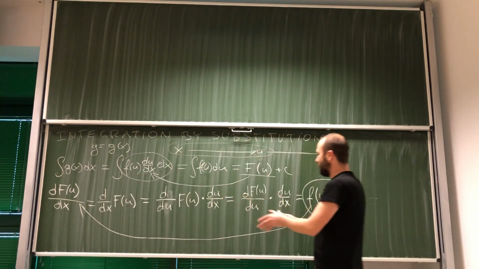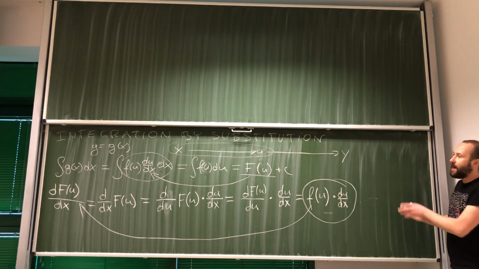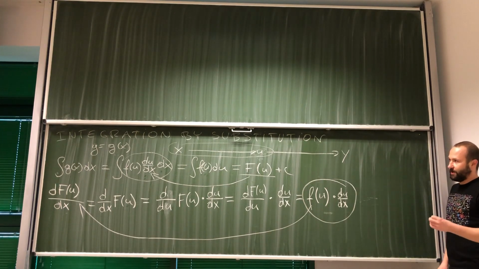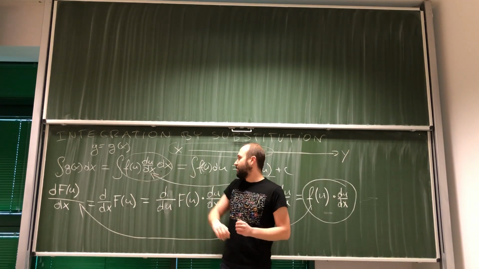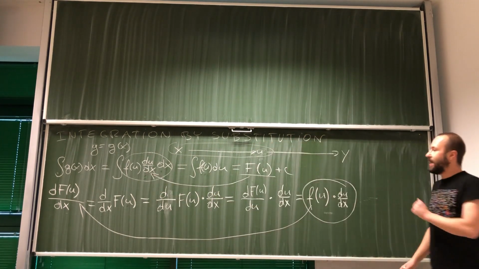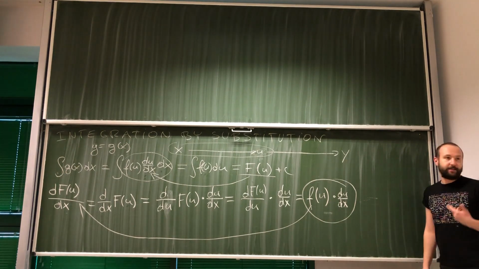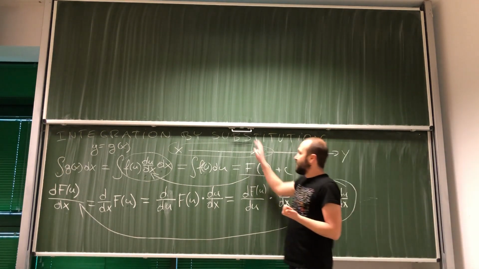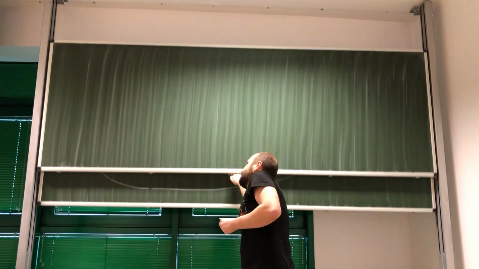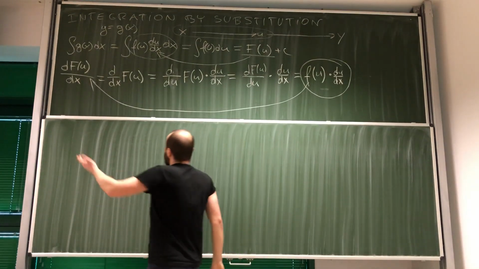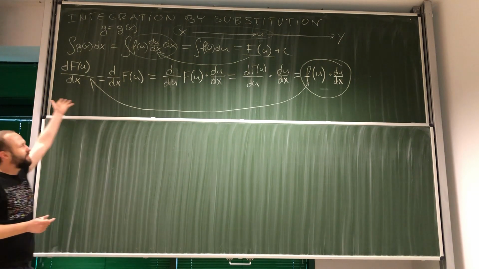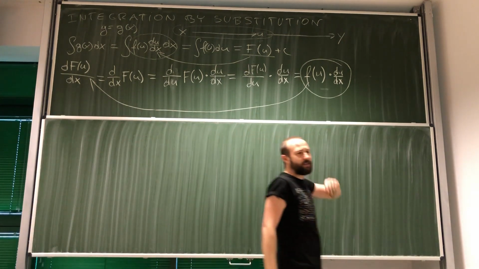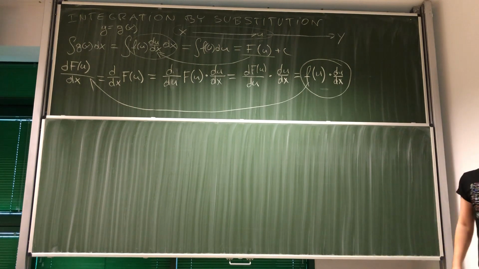Which actually shows that by introducing this auxiliary variable, on the condition that we're going to have a derivative of this variable in front of it, we will be able to calculate the integral. So here we see the rule, and we see the proof that this rule must actually work.